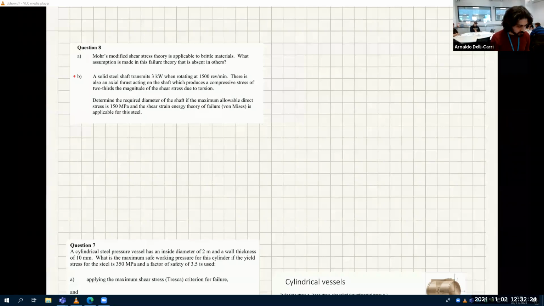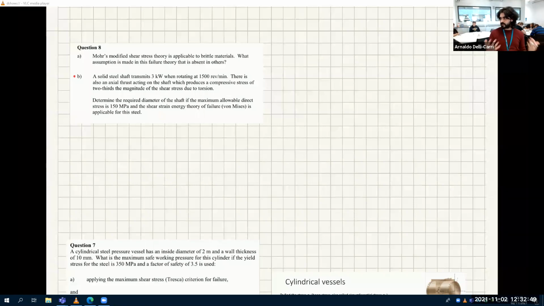And you also know the allowable shear stress. So the material is given. It doesn't say the factor of safety, so we will assume a factor of safety of 1, which means it's a shaft that can barely manage this without failing.